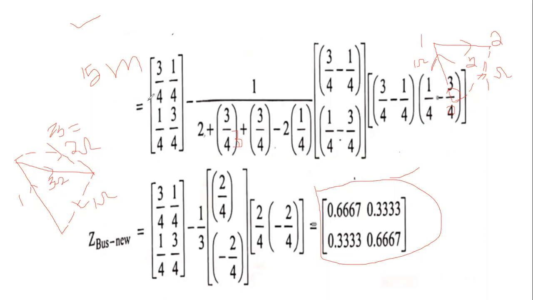Before solving the problem, first we learn the types of modifications and how we form the Z-bus matrix for each type. We have four types of modification: type 1, type 2, type 3, type 4. First identify which type of modification applies when adding the element between the nodes.